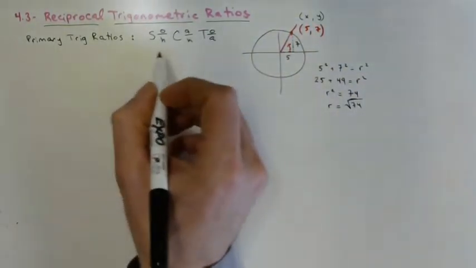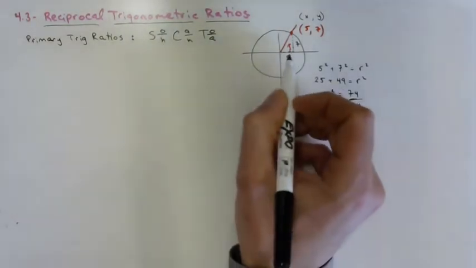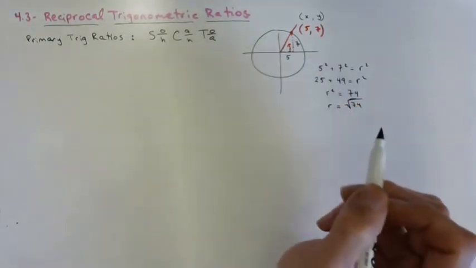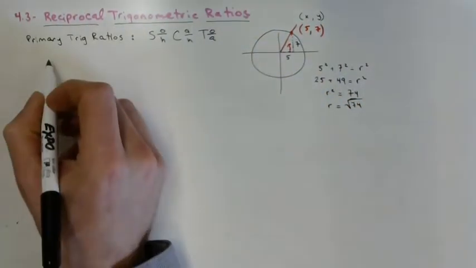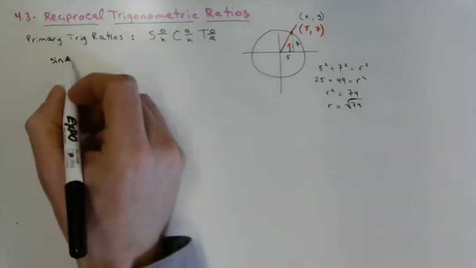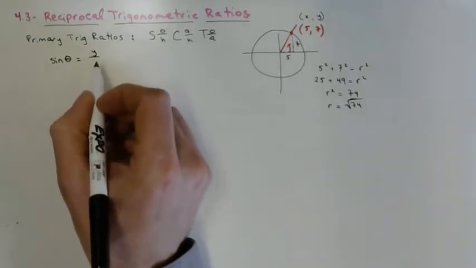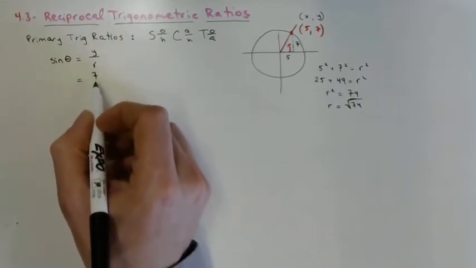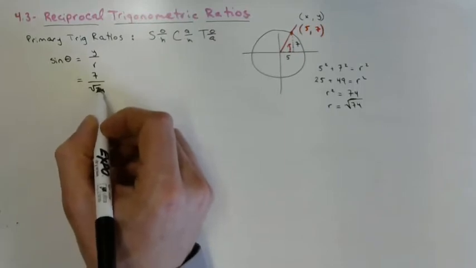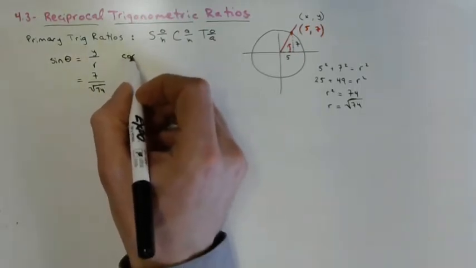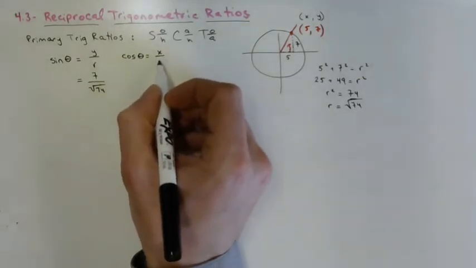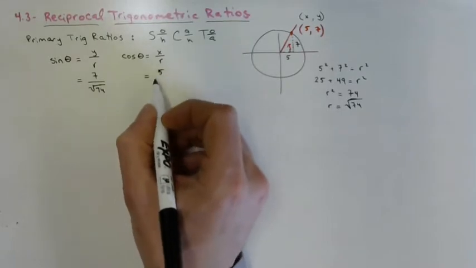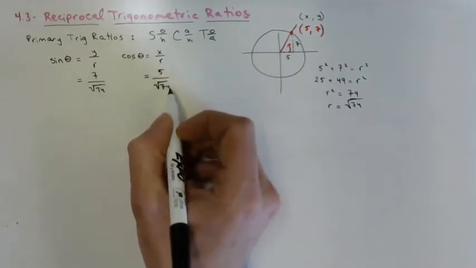It turns out that the opposite over hypotenuse, in this case it's easy to see because we're in quadrant 1, gives 7 over radical 74 for sine. So the sine of my angle theta is y over r, which in this case is 7 over radical 74. The cosine of angle theta is x over r, which for this angle is 5 over radical 74.